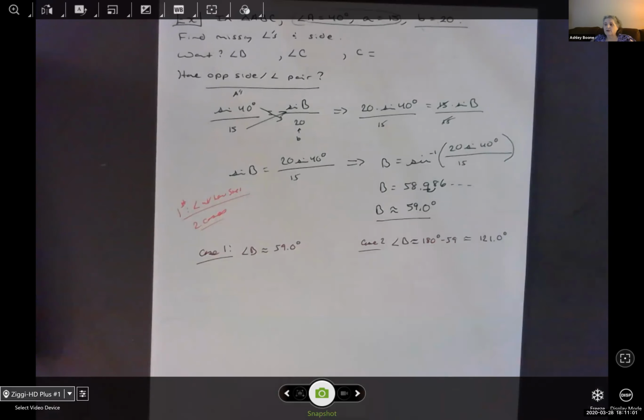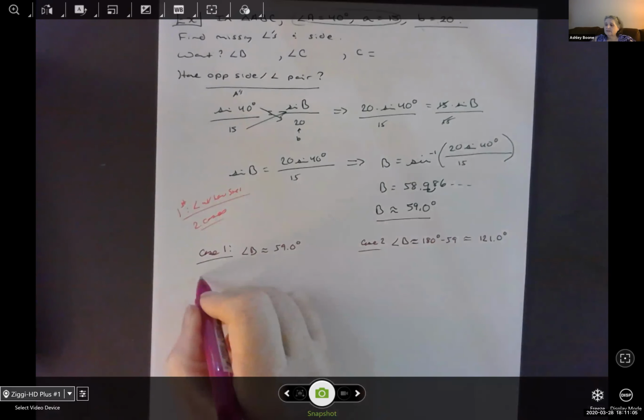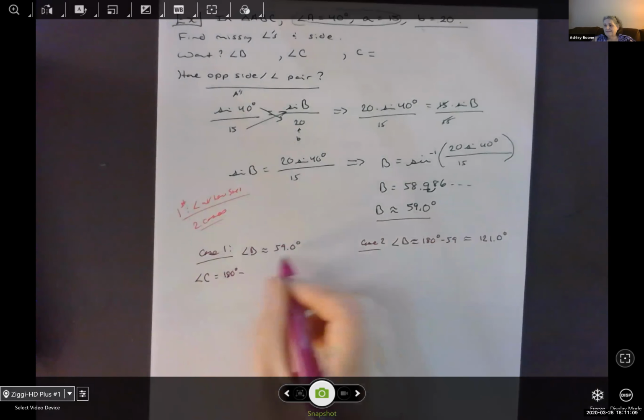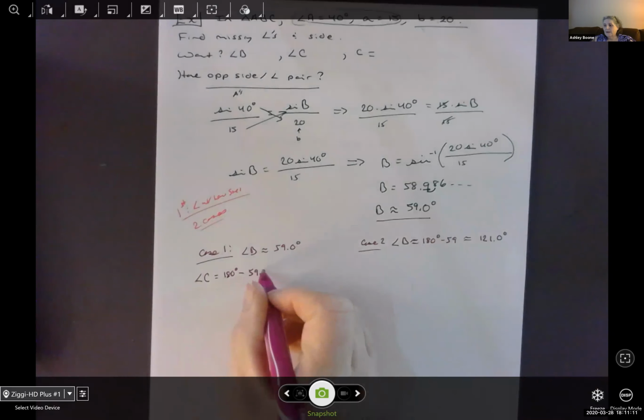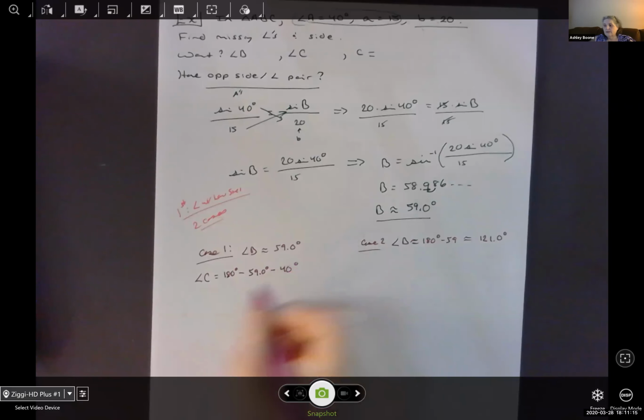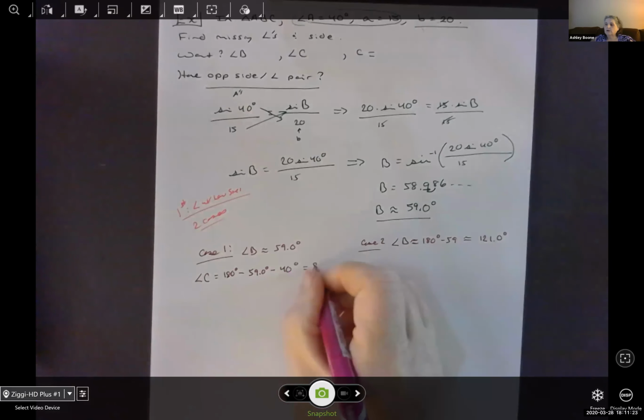So I have those two cases. So I know that much. Let's see what that means for angle C. For this case, angle C would be 180 degrees minus angle B minus our angle A that we were given. So 180 minus the 59 minus the 40 gives us 81 degrees. So that worked.